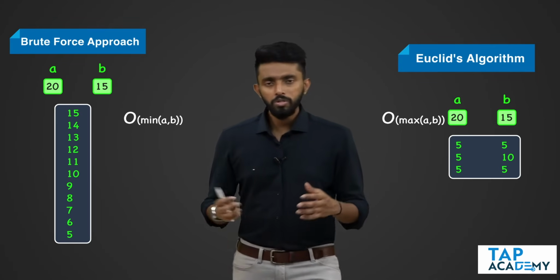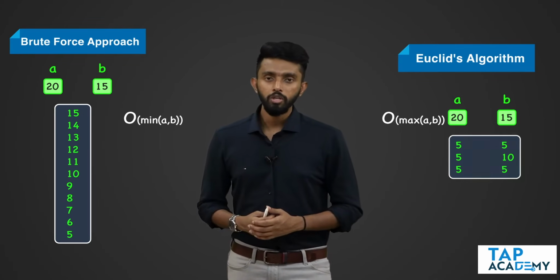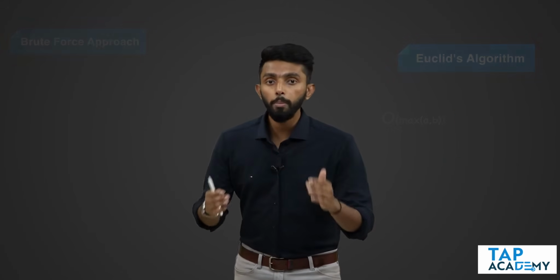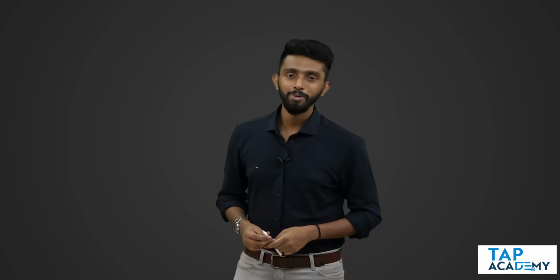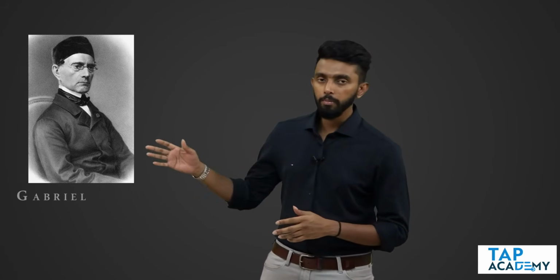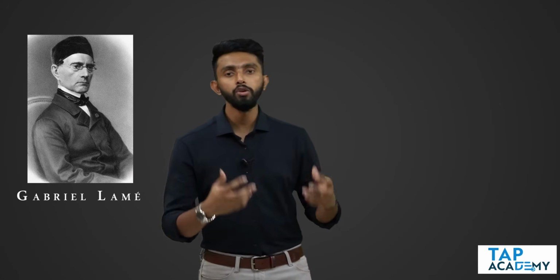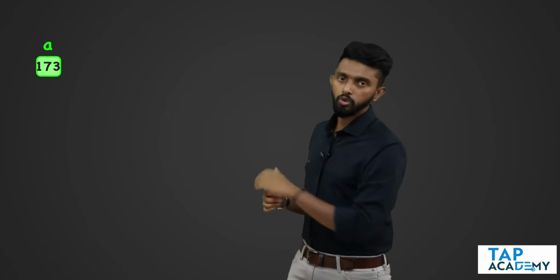But luckily, there was another great mathematician who did not stop where Euclid stopped, looked at Euclid's algorithm and realized that it could be made even more efficient. What am I talking about? Let me show you. Gabriel Lame was that mathematician who decided to make Euclid's algorithm even more efficient, because he noticed one thing. Let us assume I have a large value like this.